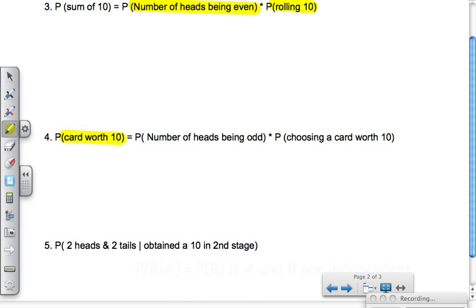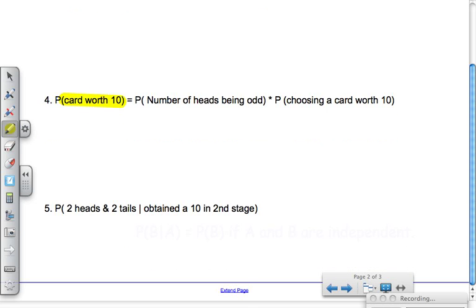When they say a card worth 10, hopefully you recognize that the jacks, queens, and kings are all worth 10. So besides the actual cards labeled 10, you also have to include the jacks, queens, and kings because they're also worth 10. Okay, so you multiply those 2 probabilities.